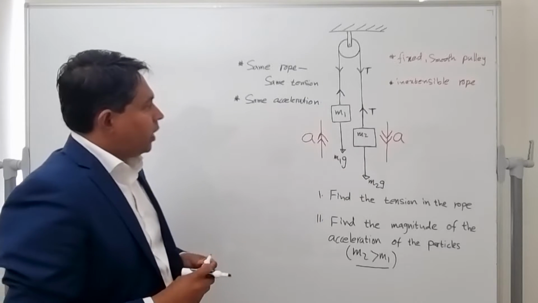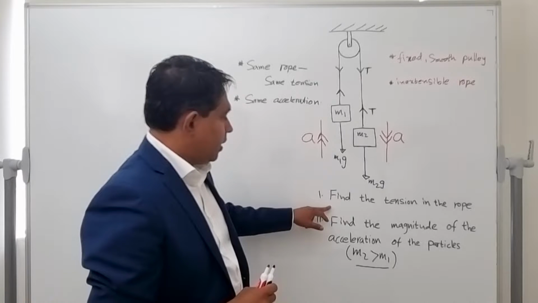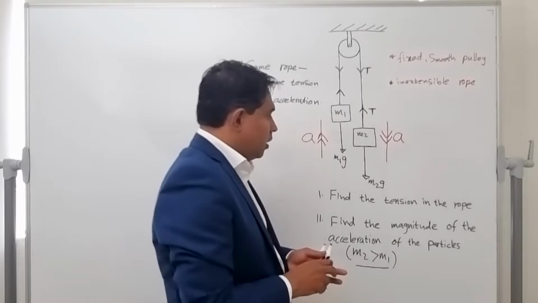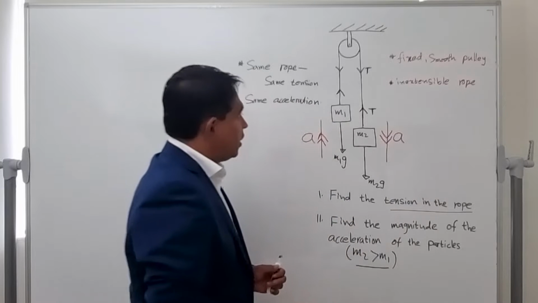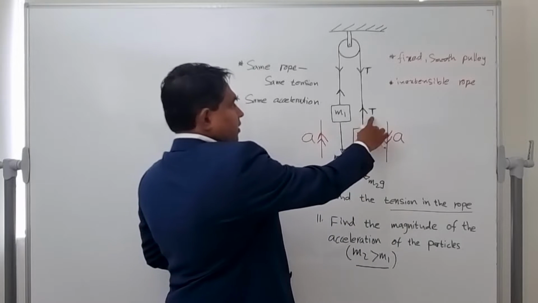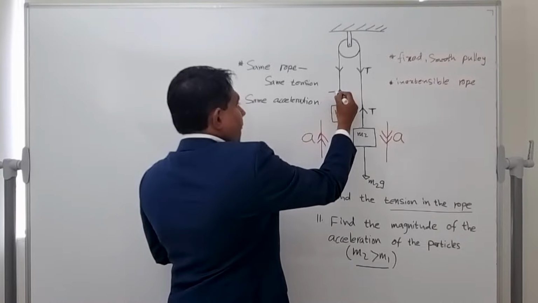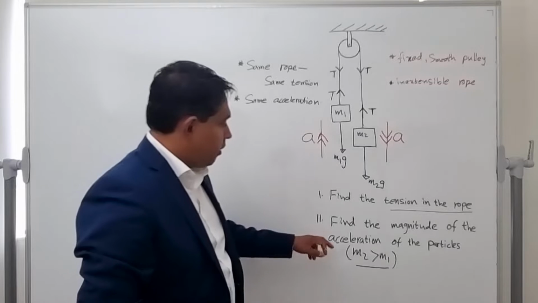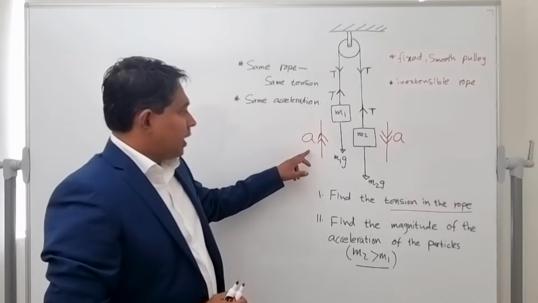Now what we need to find here is the tension in the rope. We take it as T, so the same T here. We need to find T, and we need to find the magnitude of the acceleration.